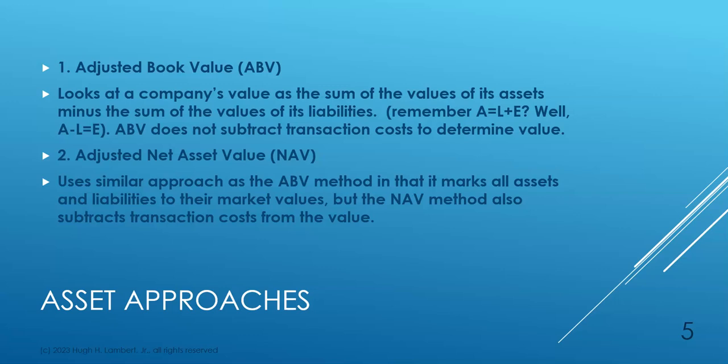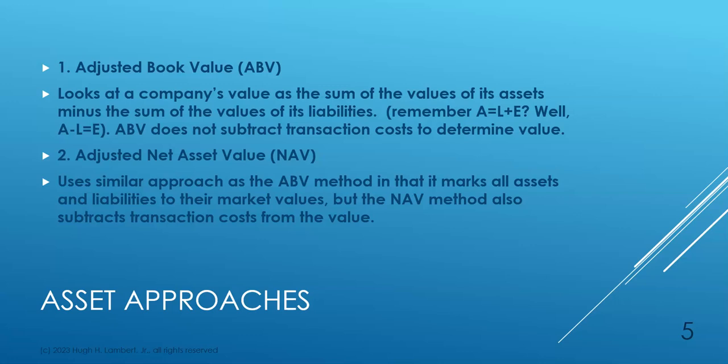Now, one way you can look at a company's equity, you take that accounting equation and use algebra to rearrange it to come up with assets minus liabilities equals equity. And equity is just another name for net worth or value.